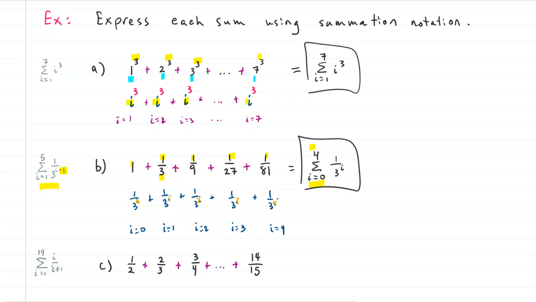So it's I minus 1 instead of just I in the exponent of the 3. And that's totally valid. Both of these formulas, 1/3 to the I minus 1 going from 1 to 5, and 1/3 to the I going from 0 to 4 for I, would both reproduce this sum, and they're both correct answers. So it's kind of fun. There's not just one right answer for these.